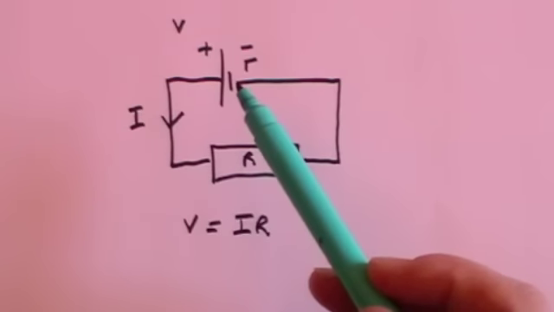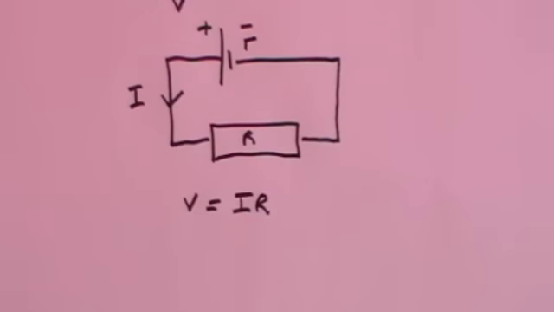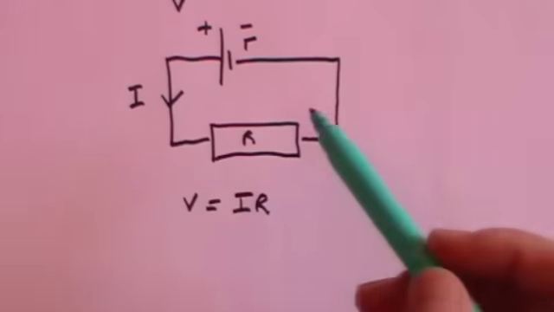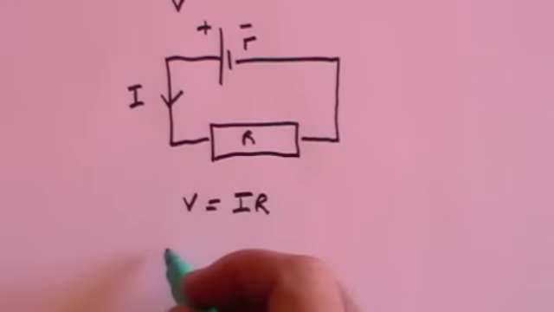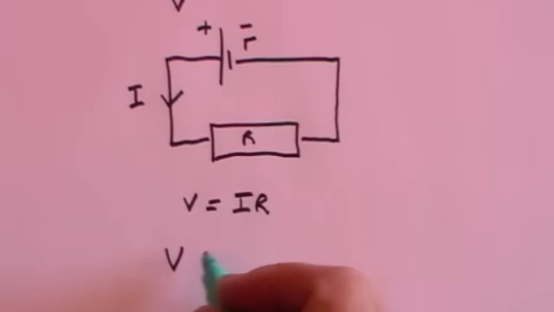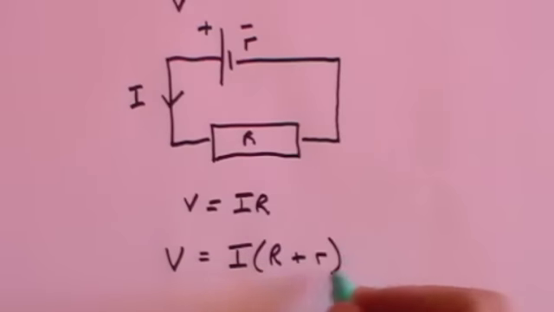And so these two resistors are in series, and we have learnt the formula that when you've got resistors in series, the total resistance in that circuit is the sum of the two. So the total resistance in this circuit is big R plus little r, which means that V is now equal to, by Ohm's law, I into R plus r, because R plus r is now the total resistance in that circuit.